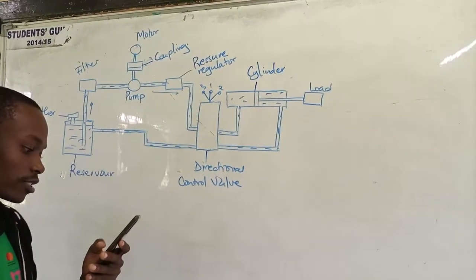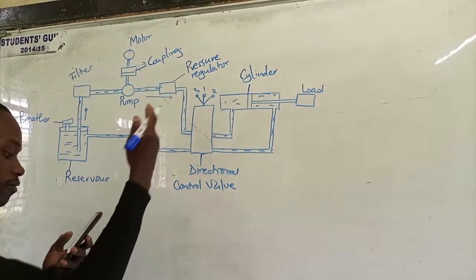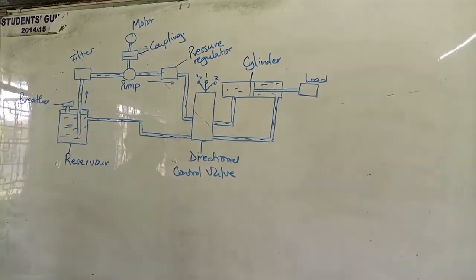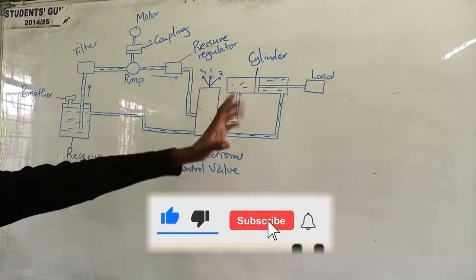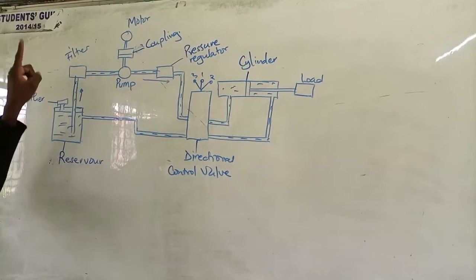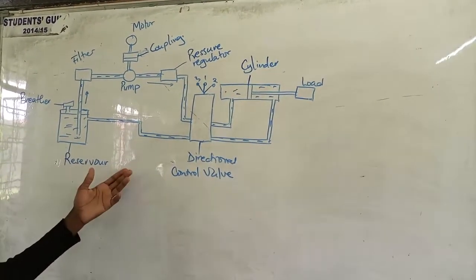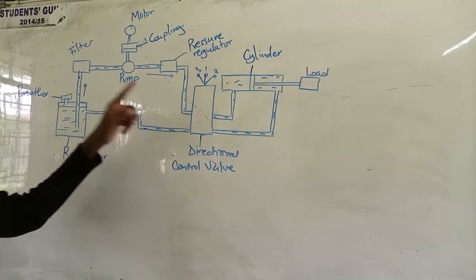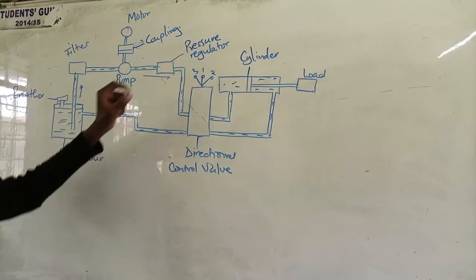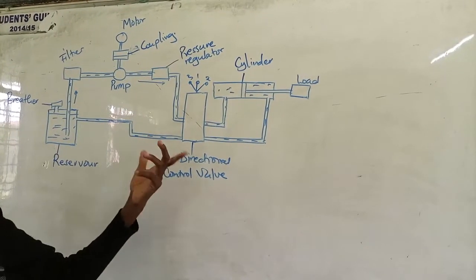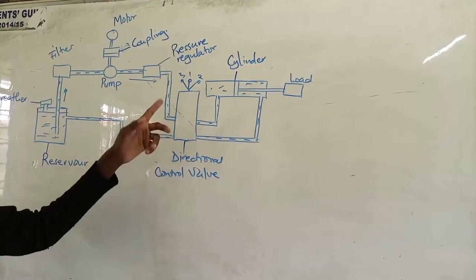So we've been asked to, with the help of a well-labeled illustration, explain the basic components of a hydraulic system. So this is the illustration, and the components, I listed them earlier and I've talked about their importance. The reservoir keeps the fluid. The pump provides energy for the fluid to flow. The pressure regulator regulates the pressure so that there's no excess pressure in the system to damage it.